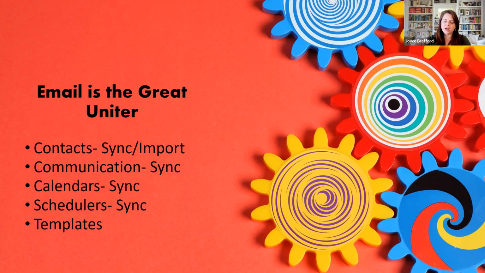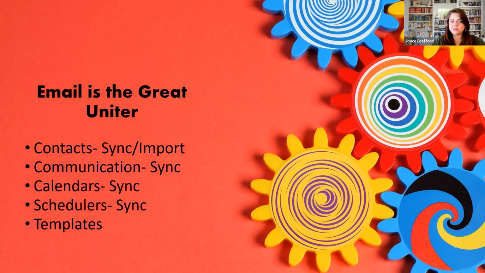You want to have templated emails for things that you send out on a regular basis. These are not just short emails. These can be extensive emails with bullet points, with detailed instructions, but you need to have that information ready to go so you aren't having to retype things or going back to sent folders previously. You want to have templates. Make sure that that's something that you have.